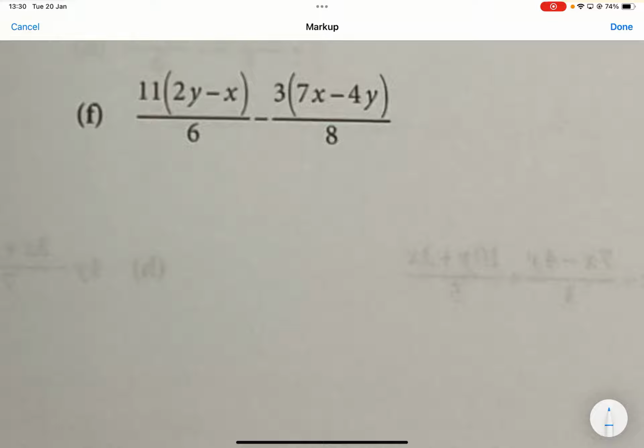Then you will become 48. But 6 and 8, there is a smaller common multiple. 6, 12, 18, 24. 8, 16, 24. So 24 is enough already. Okay? So to get 24, here times 4, times 4, here times 3, times 3.